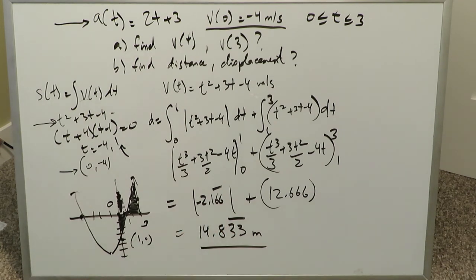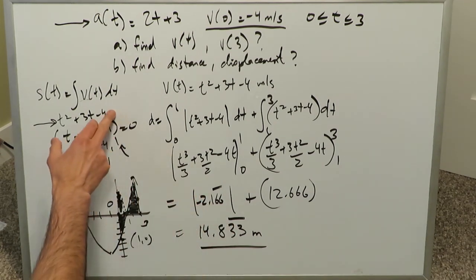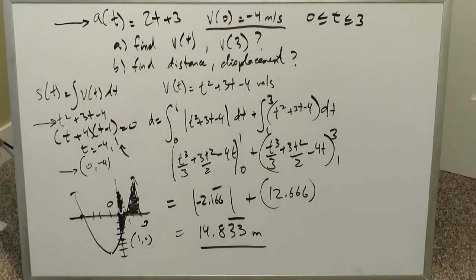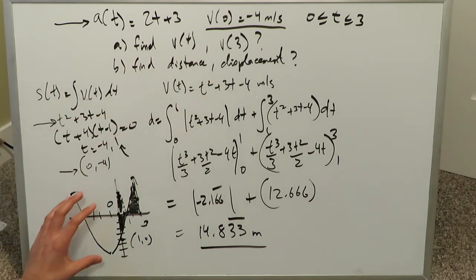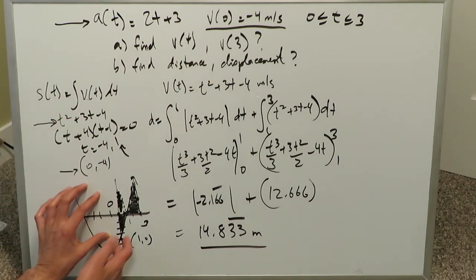And that right there, in a nutshell, in this comprehensive evaluation of this single question, shows you how we can use integral calculus to determine the velocity function and the position function, from which you can clearly ascertain distance and displacement with the aid of a graph, because the graph helps you see if there was a negative area.